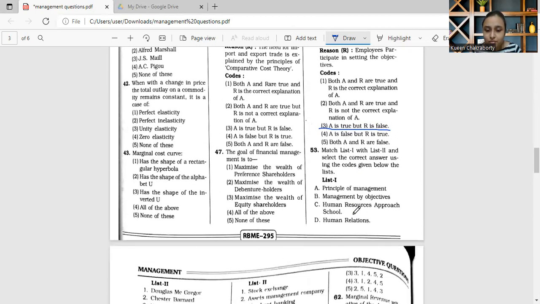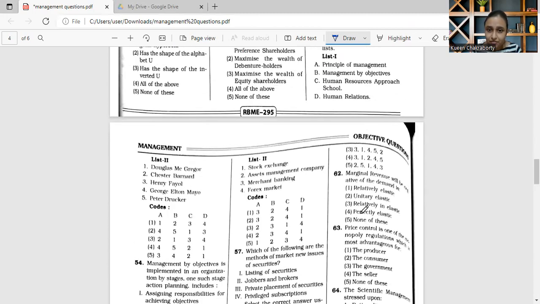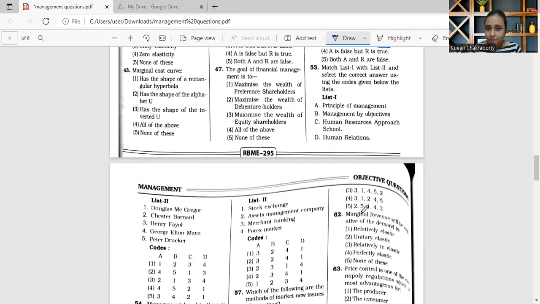Next, moving on to question number 53. Question number 53 is a match the following. Match list 1 with list 2 and select the correct answer using the codes given below the lists.